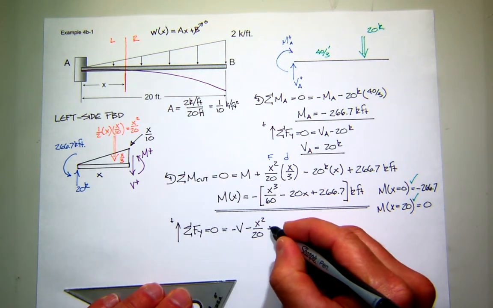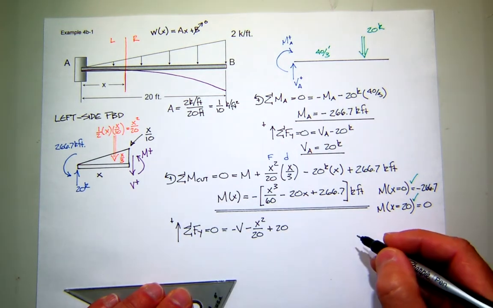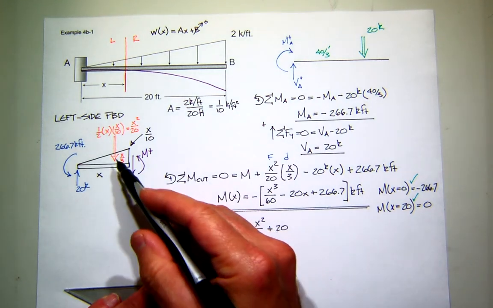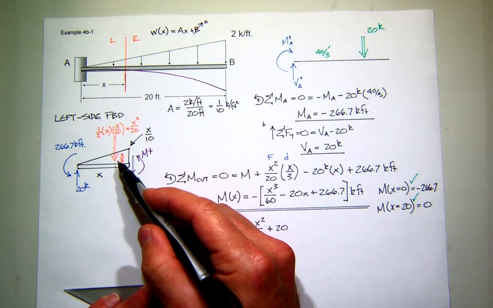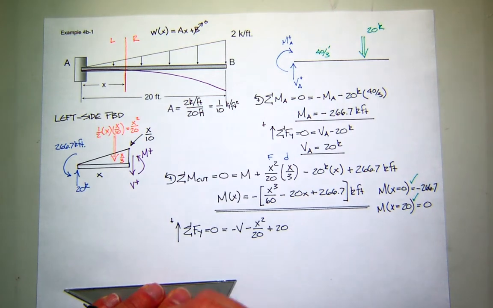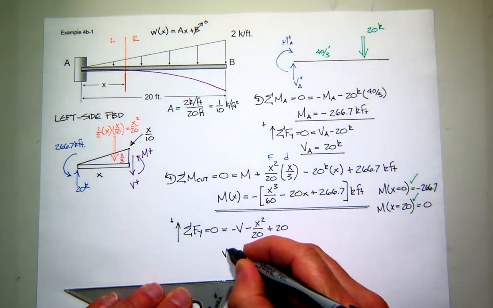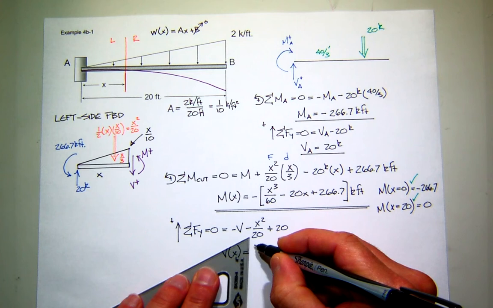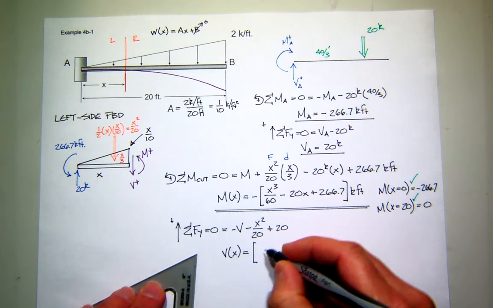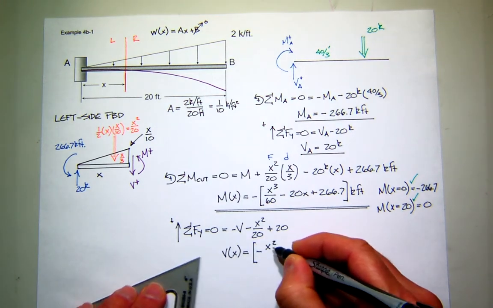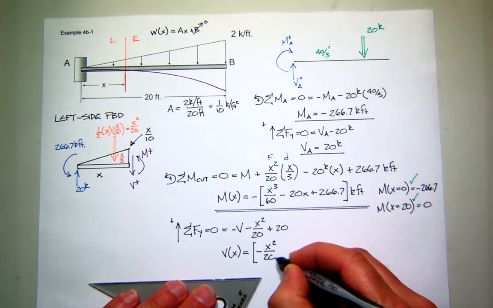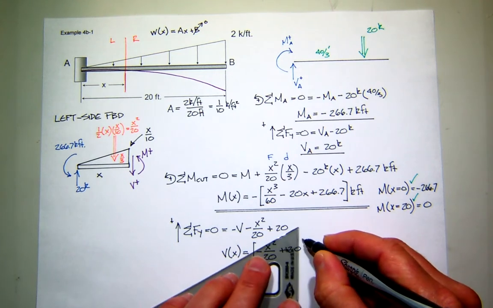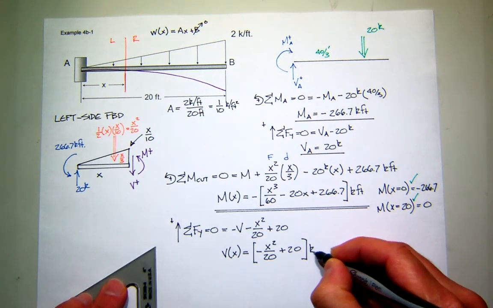And this reaction is up. Did I get everything? Minus shear, minus concentrated load, plus the reaction. So it looks like the shear as a function of x is equal to minus x squared over 20 plus 20. And that all has the units of kips.